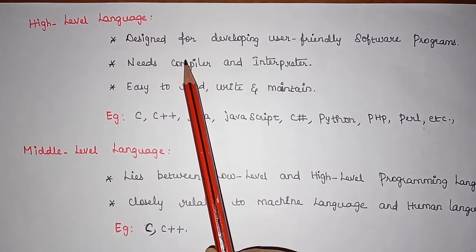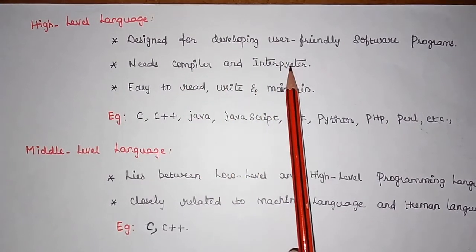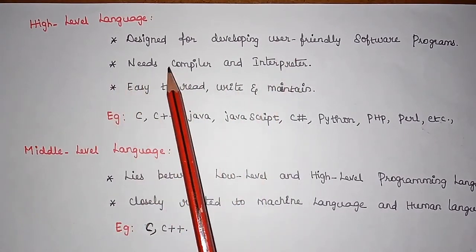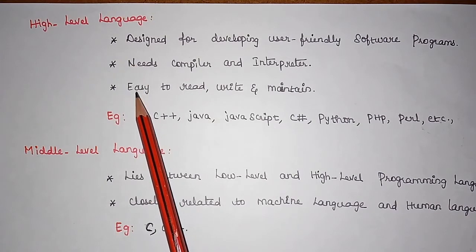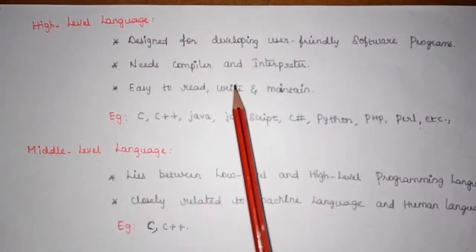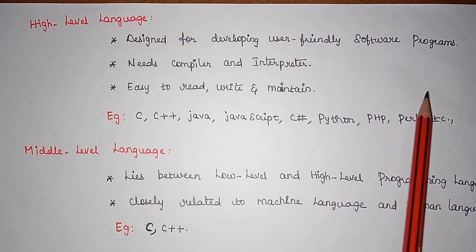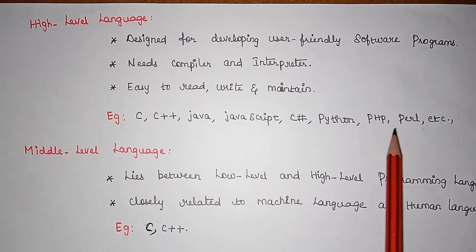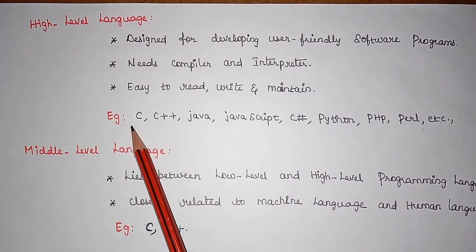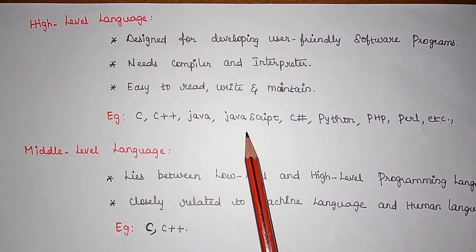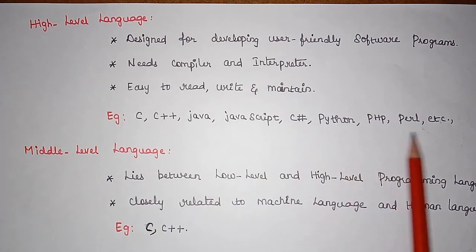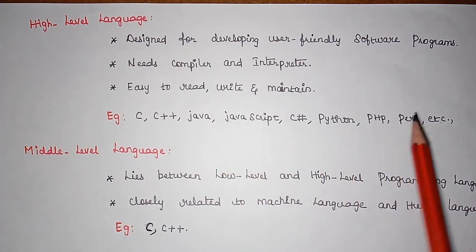For that purpose, we need a compiler and interpreter. And when we say high level language, those languages are easy to read, write, and maintain by the users. Some examples of high level languages are C, C++, Java, JavaScript, C#, Python, etc.